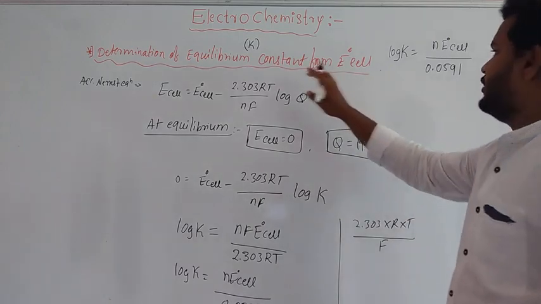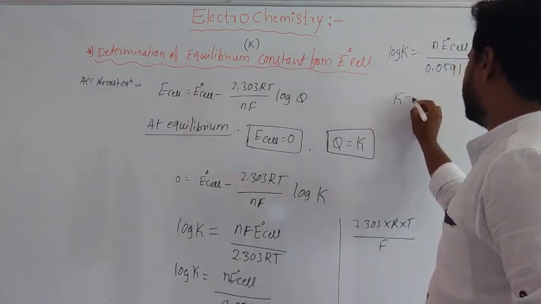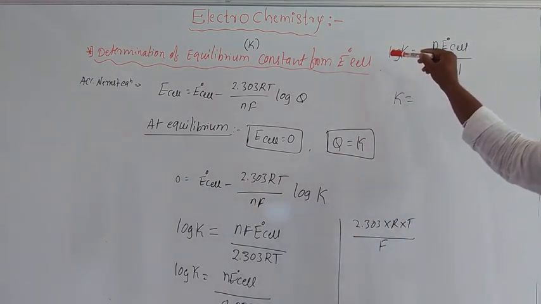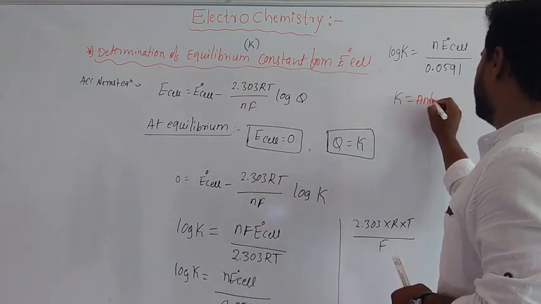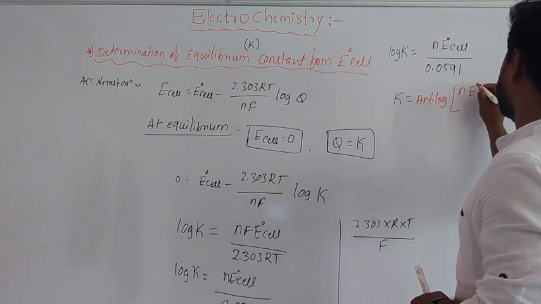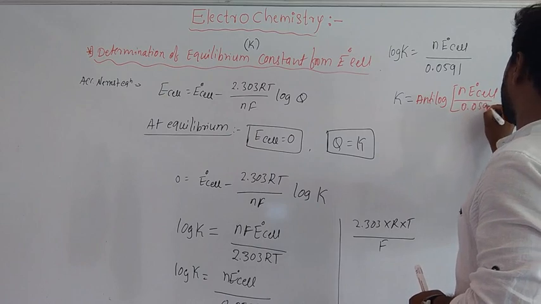Now you have to find out the K value, that is the equilibrium constant. K is equal to anti-log. If you bring the log to this side, it becomes anti-log. K is equal to anti-log n E naught cell divided by 0.0591.